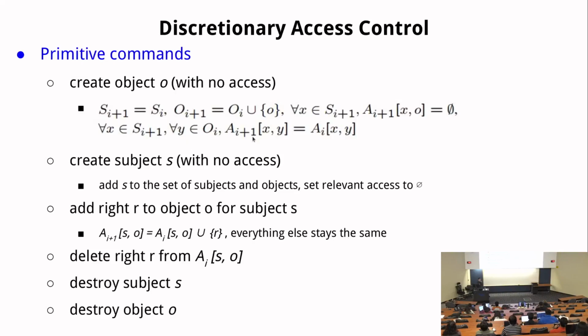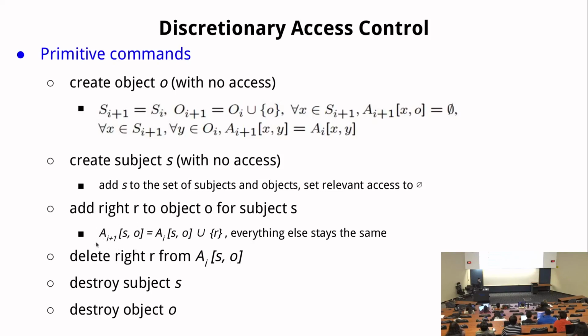That book has a lot of formal definitions like this because it does mathematical reasoning about the security of the system later. You can imagine that creating a subject which does not have any permission on objects is something similar. If we want to add a right to an object O for a subject S, then in the new state, in the permission, this A here, we write it like a matrix.